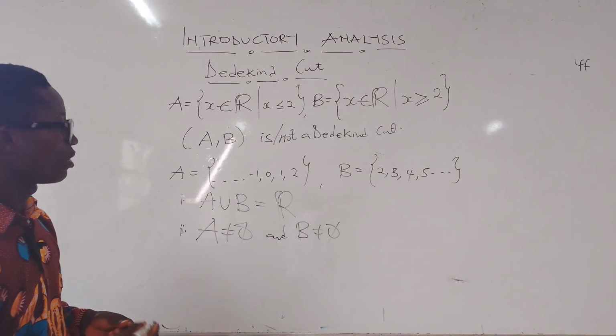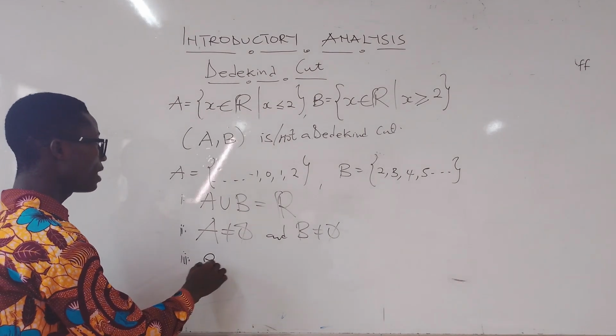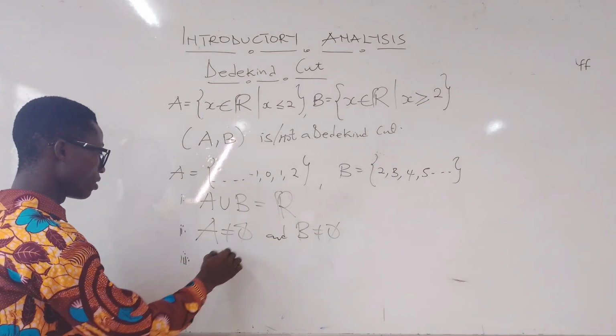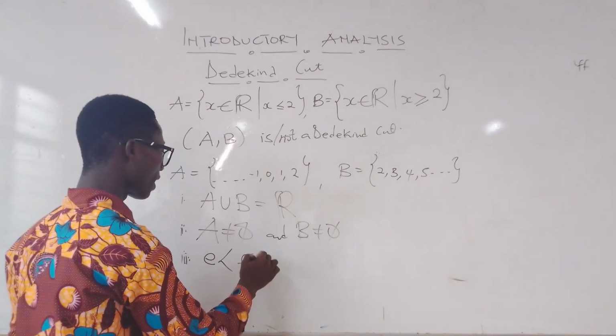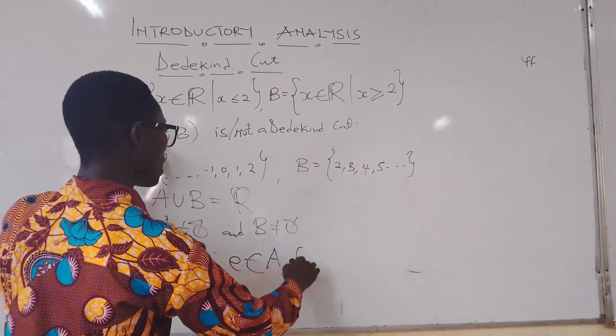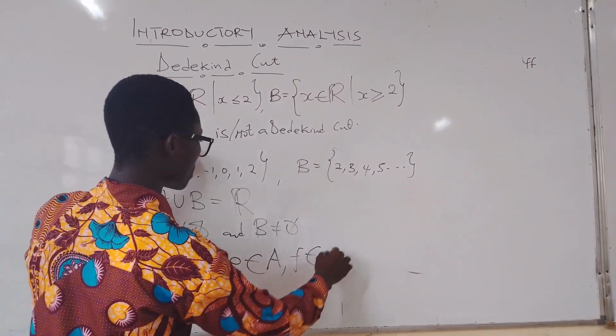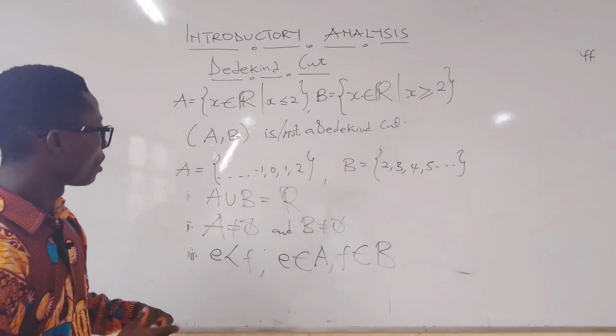Now let's look at condition 3. We are saying that E should always be less than, let me use F, whenever E is a member of the first set, that's the A, and F is a member of the second set, that's the B. So let's check.